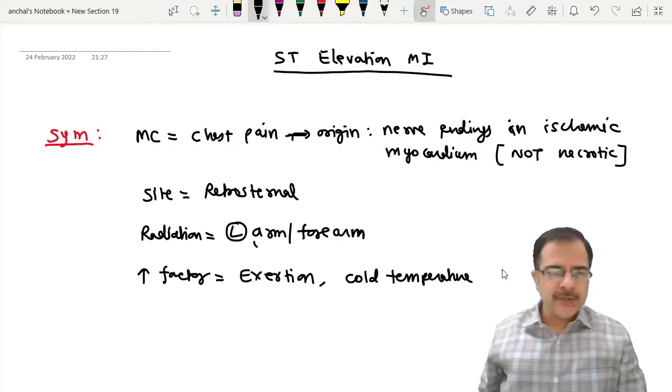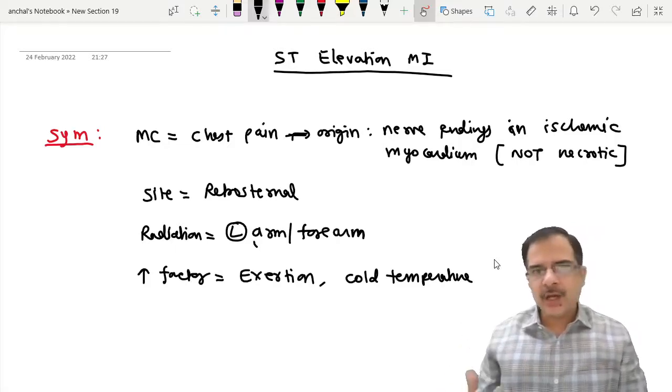So blood supply is reduced due to the cold temperature. So the maximum peak of myocardial infarction occurs during the winter season. This explains it.